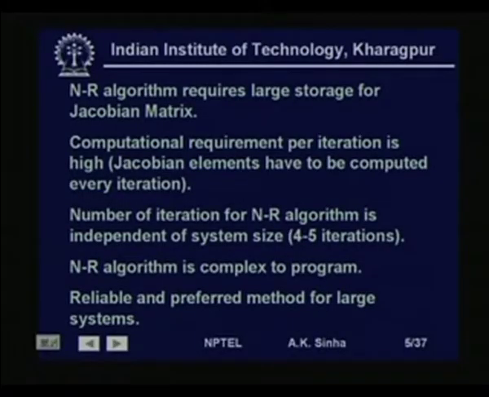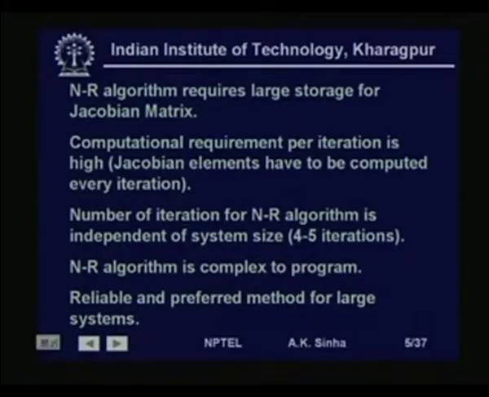The algorithm is somewhat complex to program. However, it uses the real and reactive power equations separately, so it deals with real numbers, not complex numbers. That is, all quantities used in the Newton-Raphson method for power flow are real numbers.